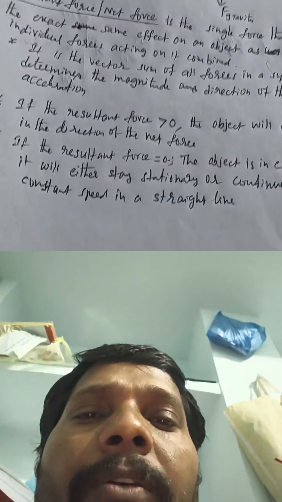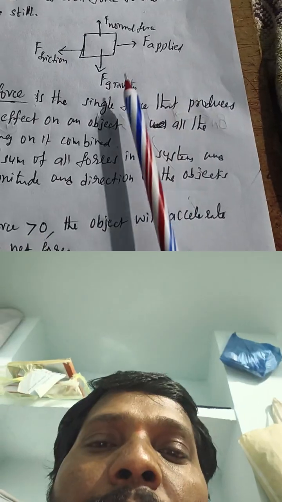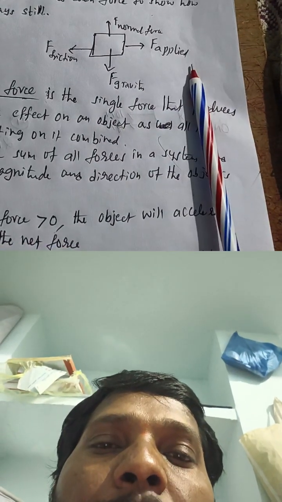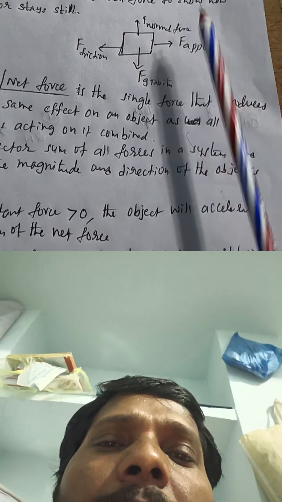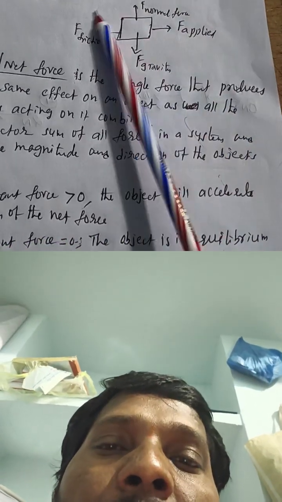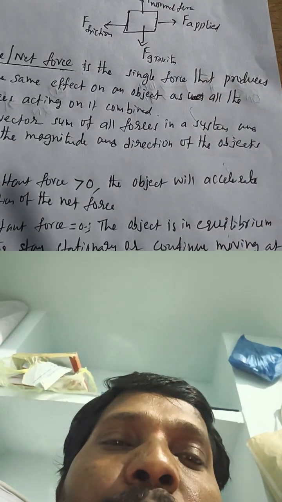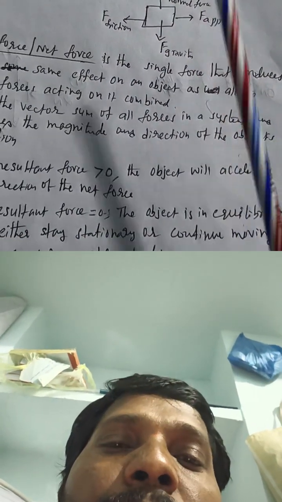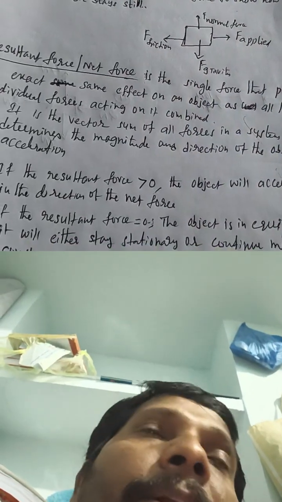So individual forces are acting. In this example, the force of gravity, force applied, force of friction and normal force are acting. When we take the sum of all these, we finally get only one force. That force we call the resultant force or the net force.